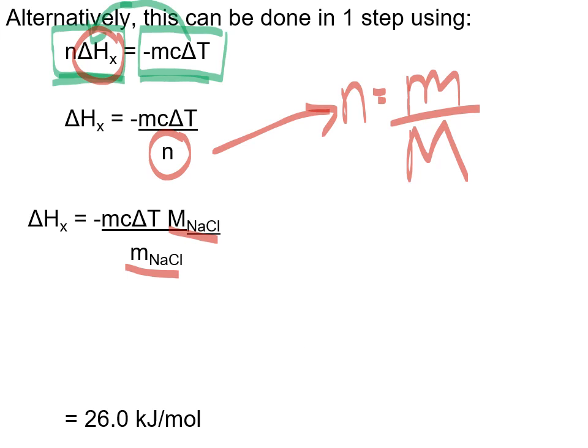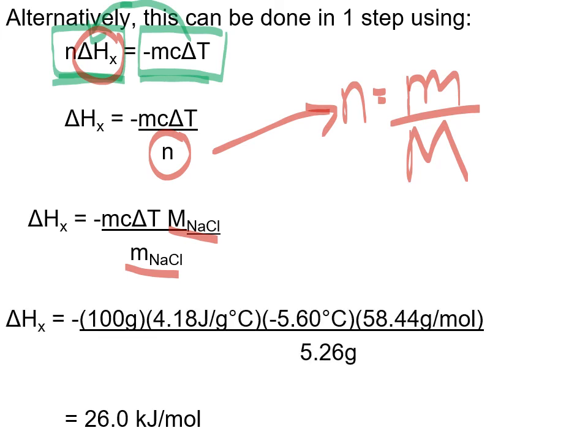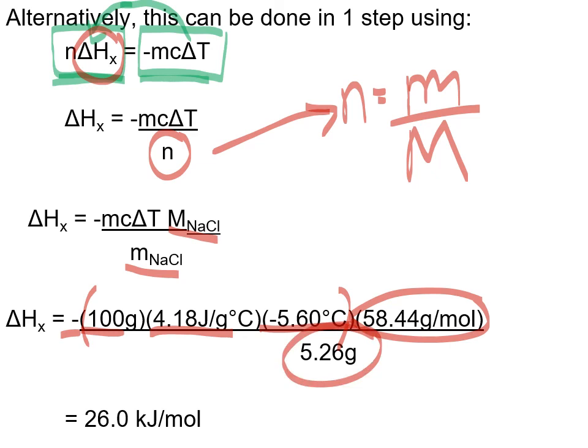Then we can plug in all the numbers we have from the question: our mass of the water, heat capacity of the water, and the temperature change of the water. So imagine that's our mc delta T as a negative. We multiply that by the molar mass and divide by the mass, and in one single step we are able to get down to the molar enthalpy of solution for sodium chloride.